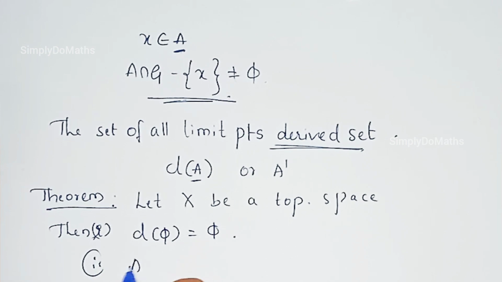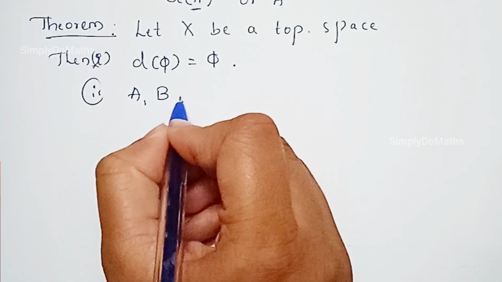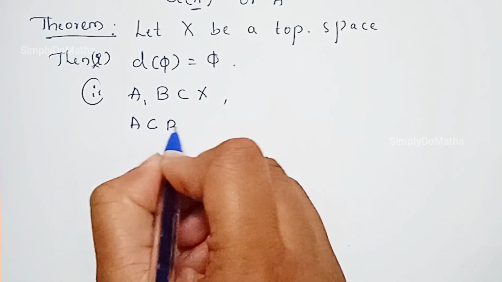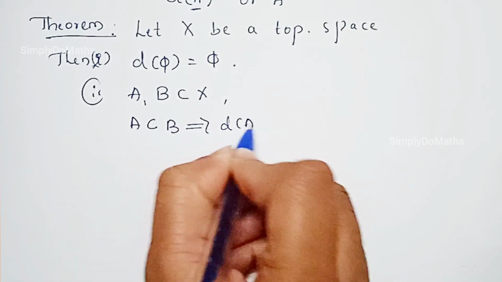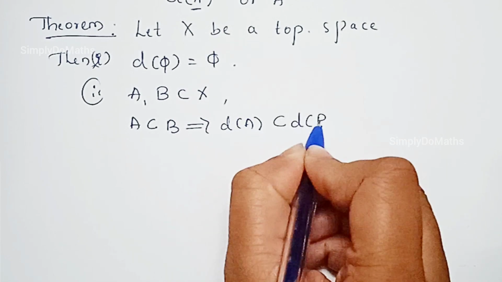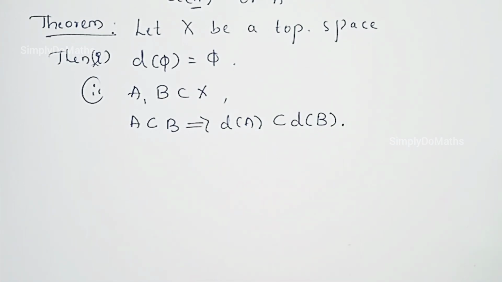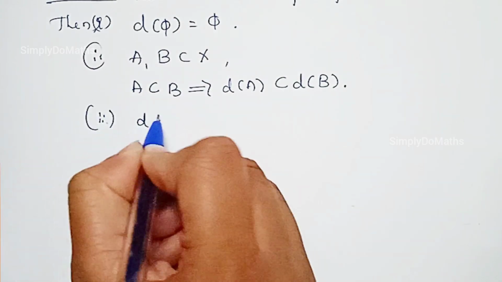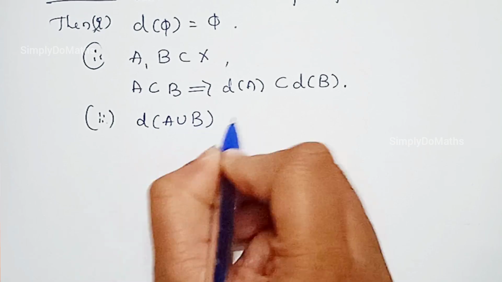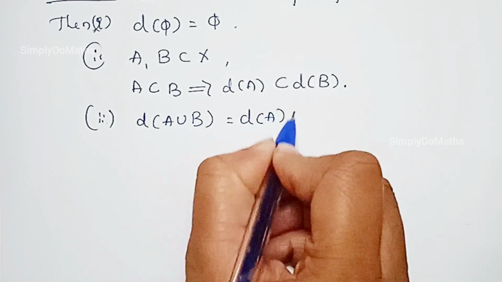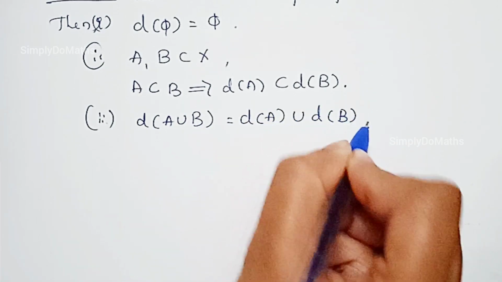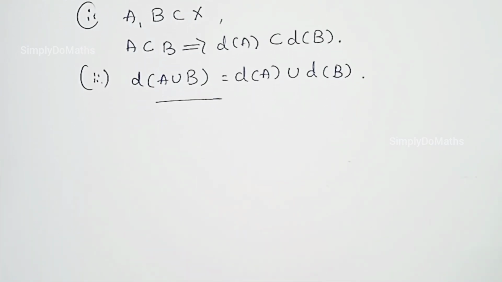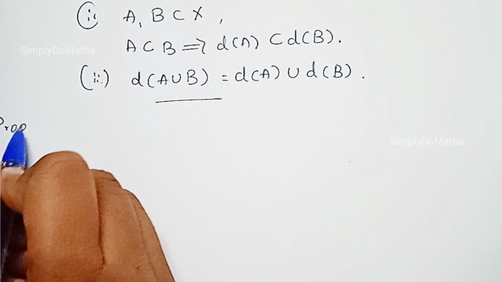Second, for any two subsets A, B of X, if A is a subset of B, then the derived set of A will be a subset of the derived set of B. Third, the derived set of A union B will be equal to the derived set of A union the derived set of B. These three are very important. So let's learn the proof for this.